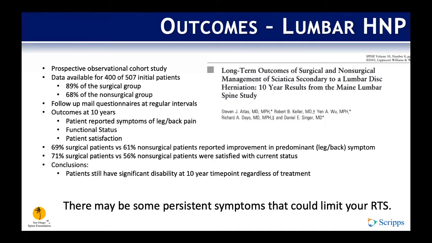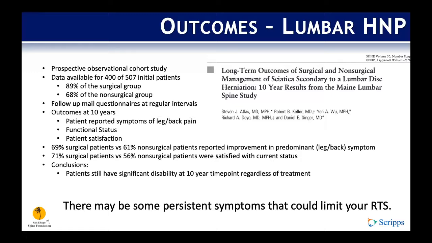The patient-reported complaints were leg and back pain, as well as functional status and satisfaction with the intervention. You can see that they did have good outcomes, in that 69% of patients versus 61%, no significant difference, reported improvement in their predominant complaint at the time of surgery. And 71% versus 56% were satisfied with their current status.